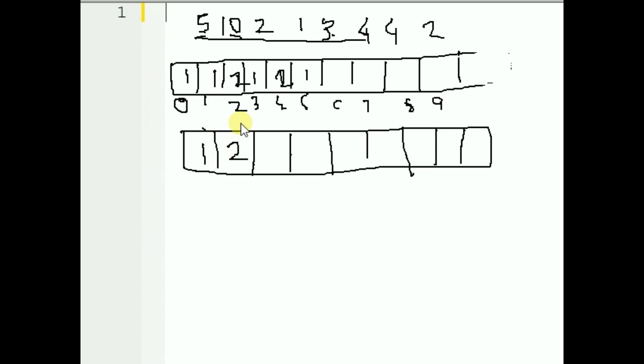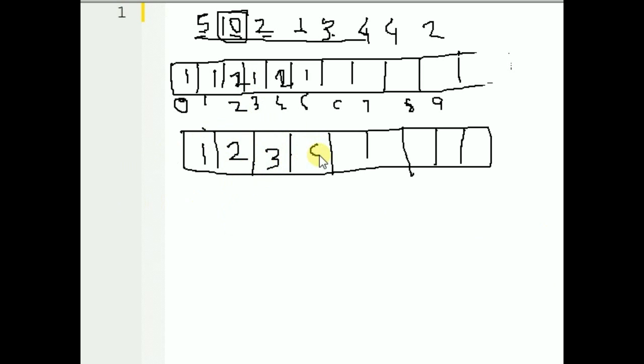The number of elements less than or equal to 2 is 3: 0, 1, 2. For 0 I mean the 10. 10 mod 10 becomes 0, so 0 means 1, then 2. There are 3 numbers which are less than or equal to 2, so 3 here.